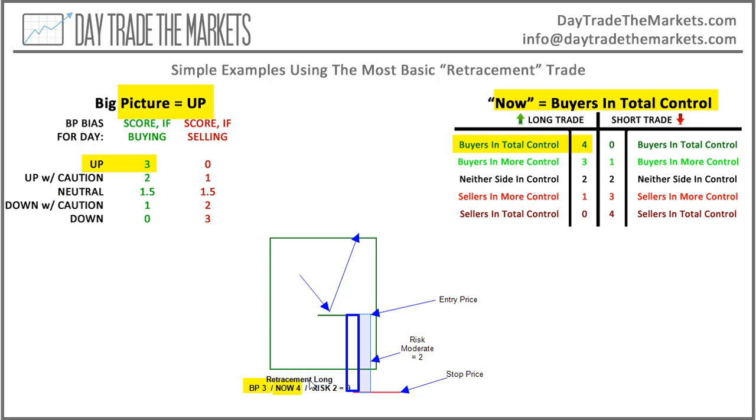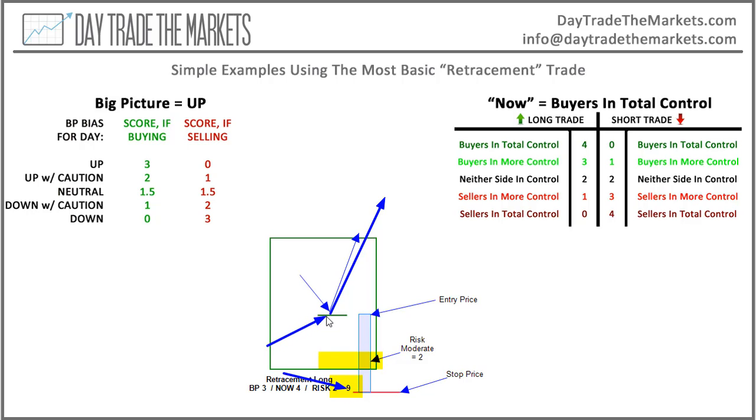So if we put a risk of 2, we still get up to a 9, okay? And again, the risk in this case would be that if we waited for it to come all the way down to the low of the box, perhaps this market is so strong it's going to take off without us. Therefore, we can still get to a 9 score by taking a little bit more risk because the context of the market is so strong in this particular case.